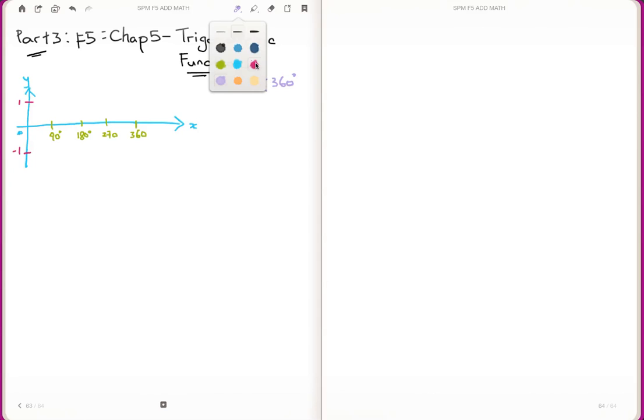So first, for the sine graph: sine 0 will be 0. Sine 90 is 1. If you know these 2 already, then the rest will follow a pattern: middle, up, and then it will come down, and then it will go down, and then come back to 0.